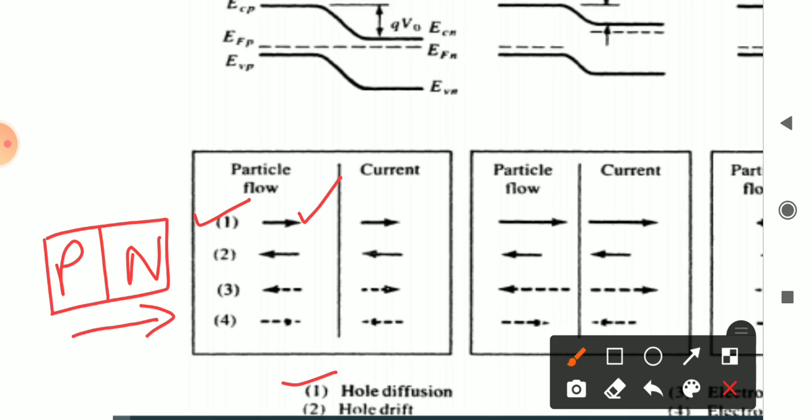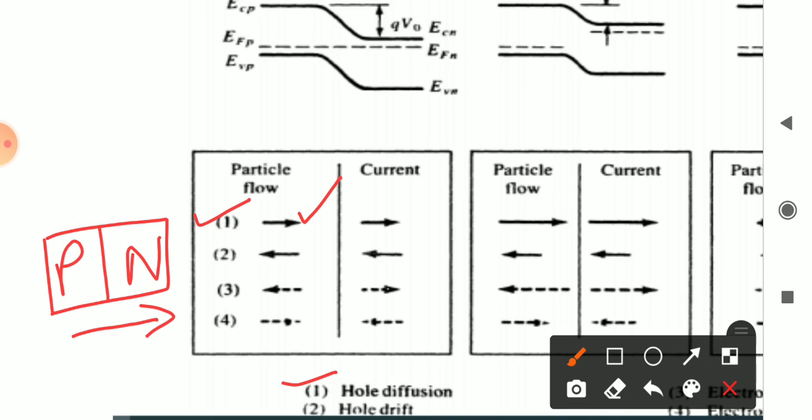One more thing, in the last class we studied electron movement as well as hole movement, conventional current and electron current. The conventional current is exactly in the same direction as the hole current. Remember the point, the direction of current is always the same as the hole current.